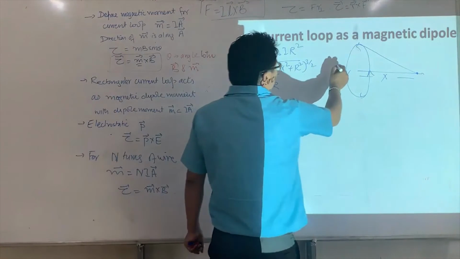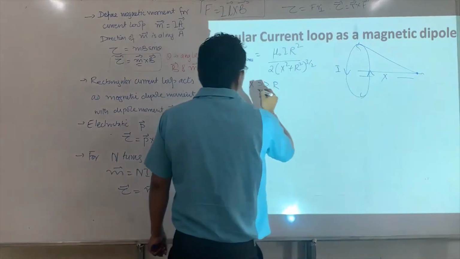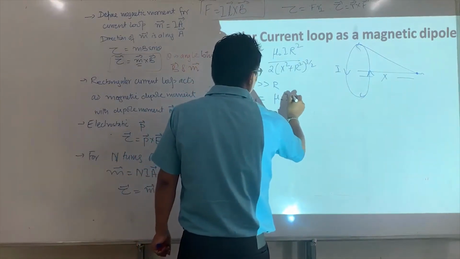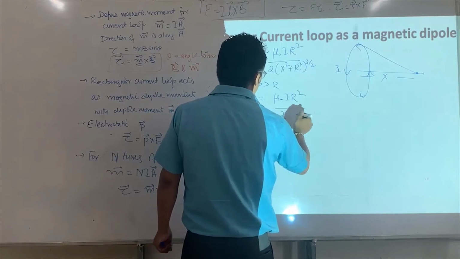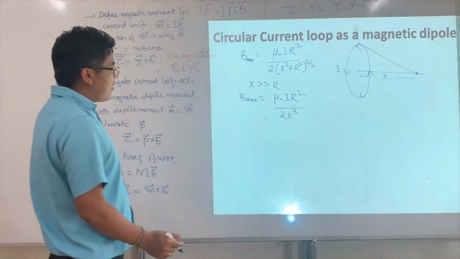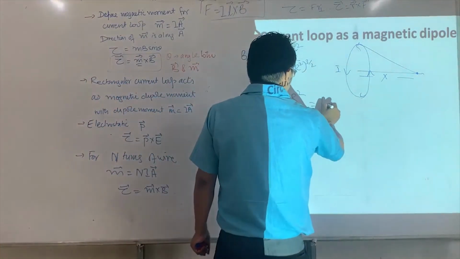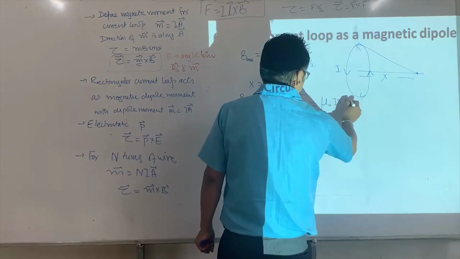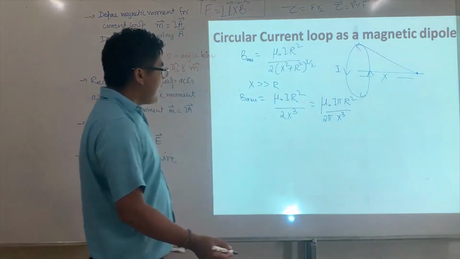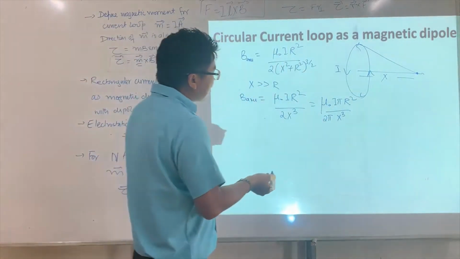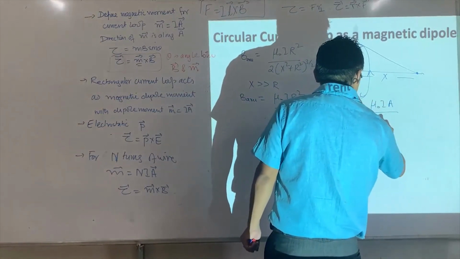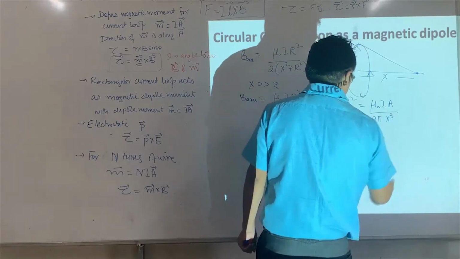I is the current. Mu is the magnetic permeability. In this case, B along the axis would be equal to mu naught I R squared divided by 2 x cube. Now I will divide and multiply by pi. pi R squared is the area, so this is mu naught I times area divided by 2 pi x cube.